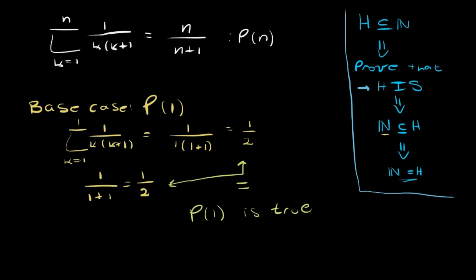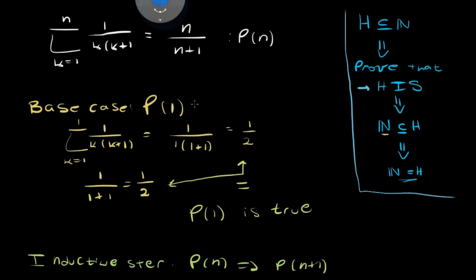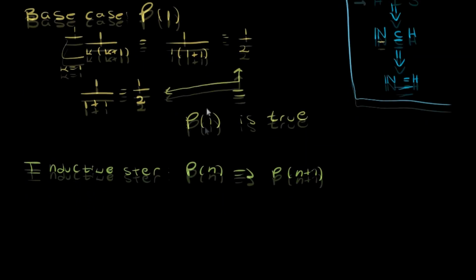Now we want to prove the inductive step. We want to see if p of n implies p of n plus 1. Let's write what is p of n plus 1.